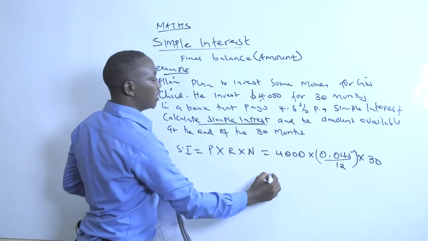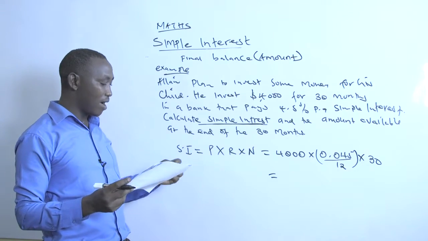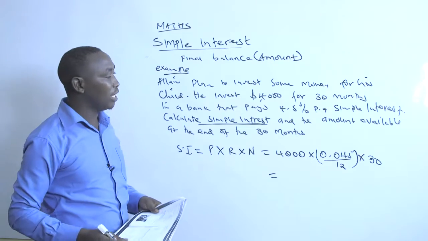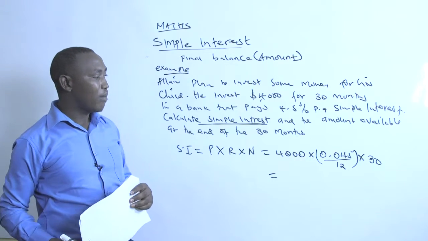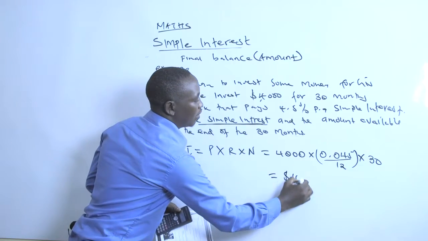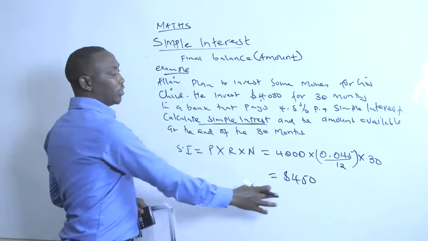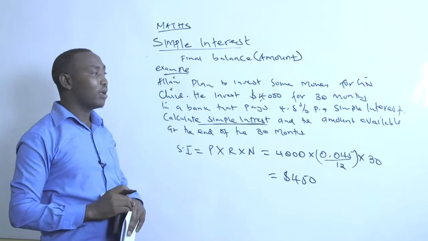So in this particular case, the total interest that will accrue on the 4,000 over the 30 months will be $450. This is the interest at the end of the 30 months.